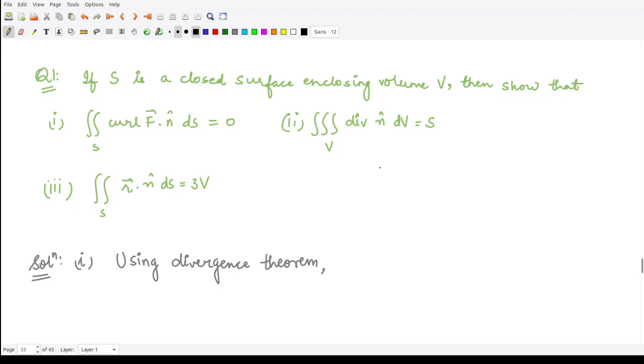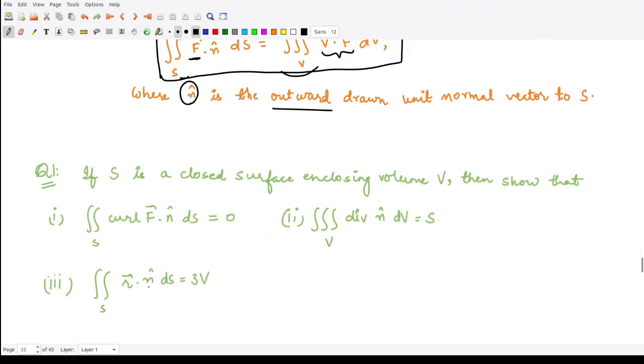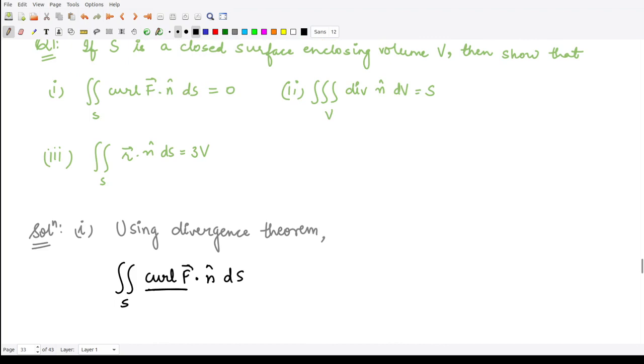So let's get going. For the first part, we can use the Gauss divergence theorem as we have just seen. So we have curl of f vector dot n vector ds. If you see your theorem here, vector f in this particular case would be curl of vector f.